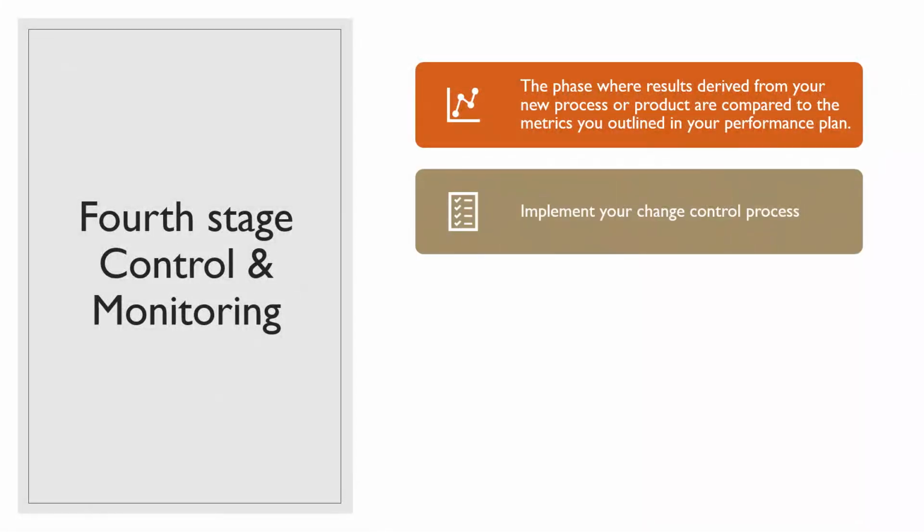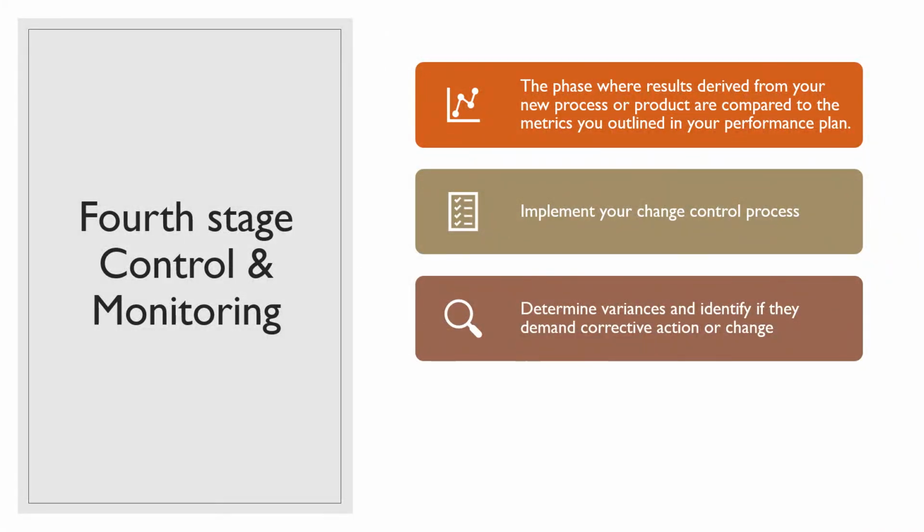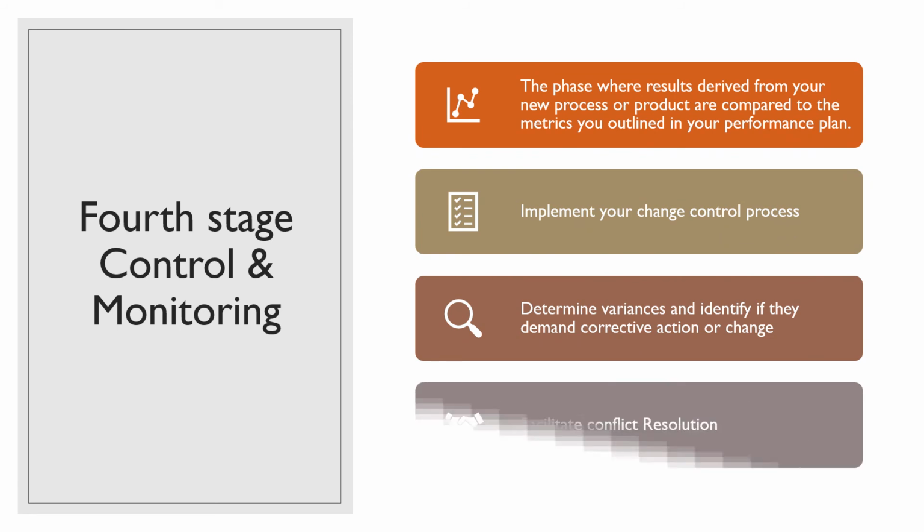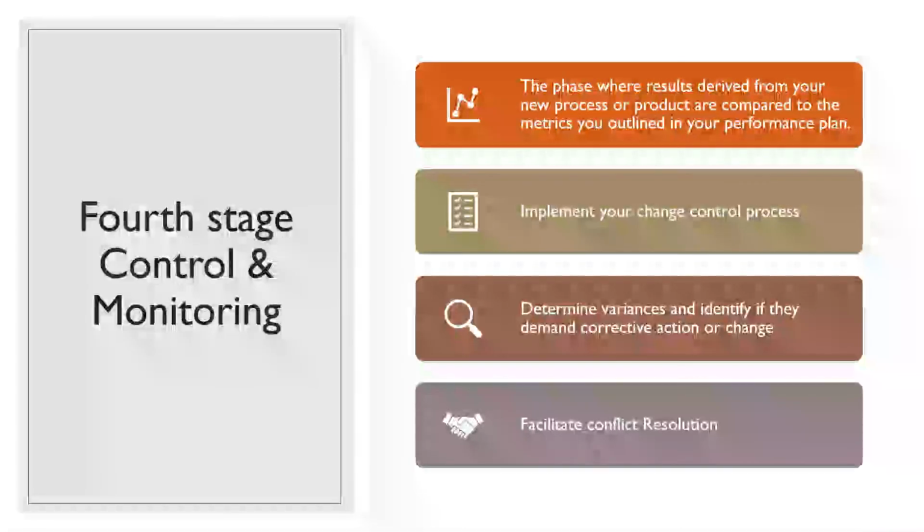If not, then there needs to be a change, or you need to control that with the help of intervening some newer process. You have to determine the variances and identify if they demand any corrective action or a change, and facilitate conflict resolution at this stage, which is done by the project or the team leader.